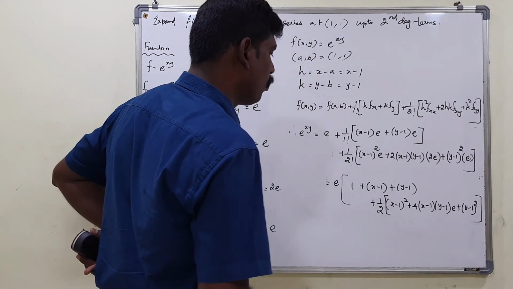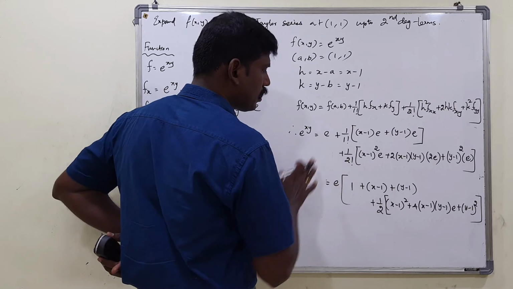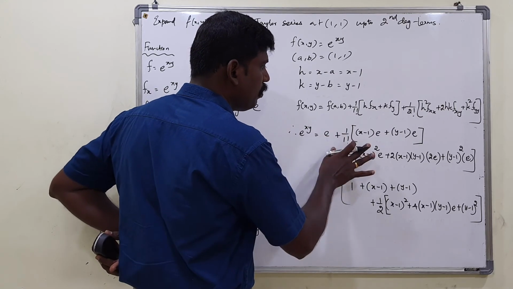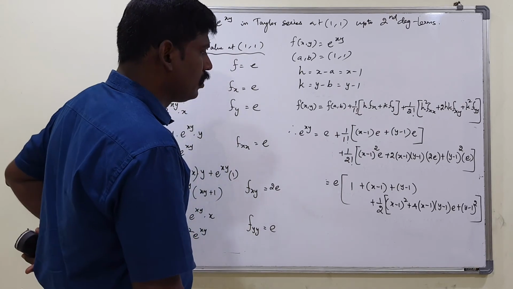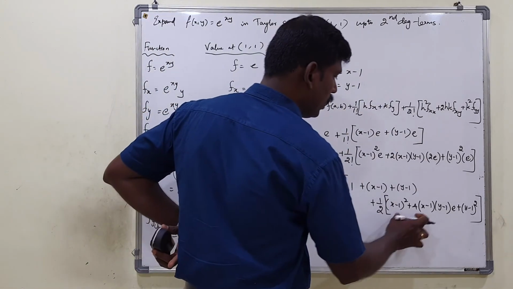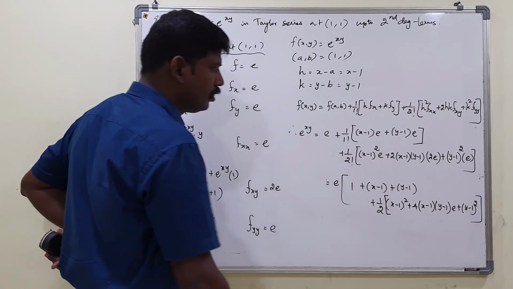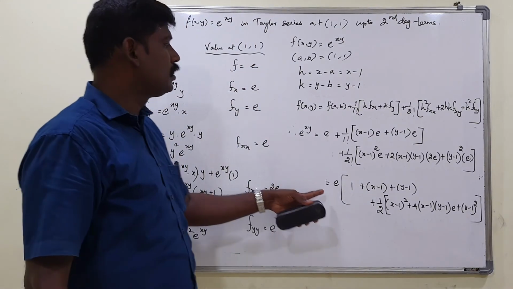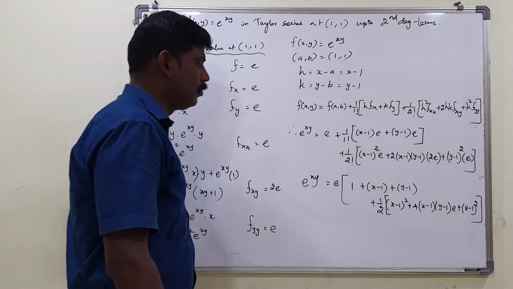Is it right? That's all. e is taken outside. Or otherwise no need to take e as common. Just simplify that term and you can stop this problem. Up to the second degree terms, so we stopped it. No need to simplify it further. This is the Taylor series expansion of e power xy at the point 1 comma 1.